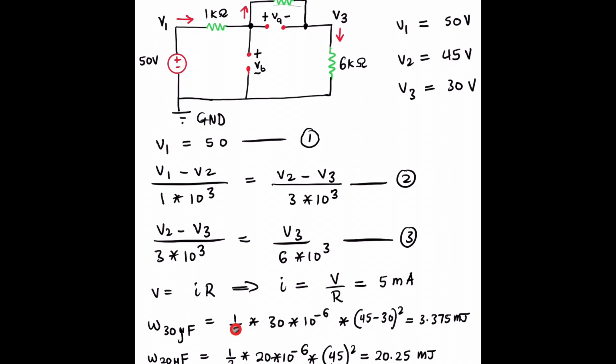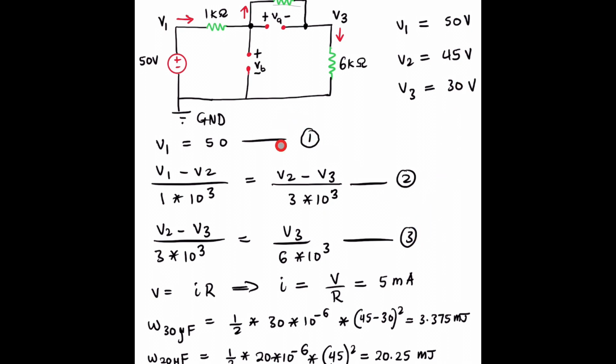So solving these equations, a set of simultaneous equations, 3 equations, 3 unknowns, you have V1 is 50, V2 is 45, V3 is 30.